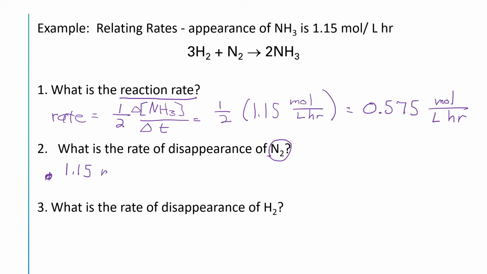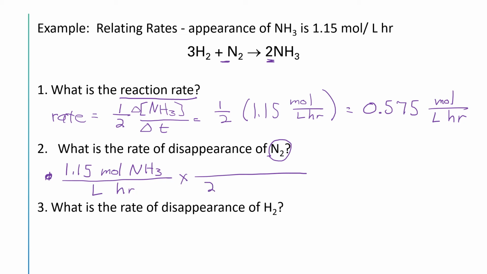1.15 moles. And now here's the trick to make this all work out really easily. Let's write moles of what? That was moles of ammonia divided by liters and divided by hours. So to convert from ammonia to nitrogen, we're going to use the coefficients from the balanced equation. Ammonia has a 2 and nitrogen doesn't have anything written, which means it's a 1.